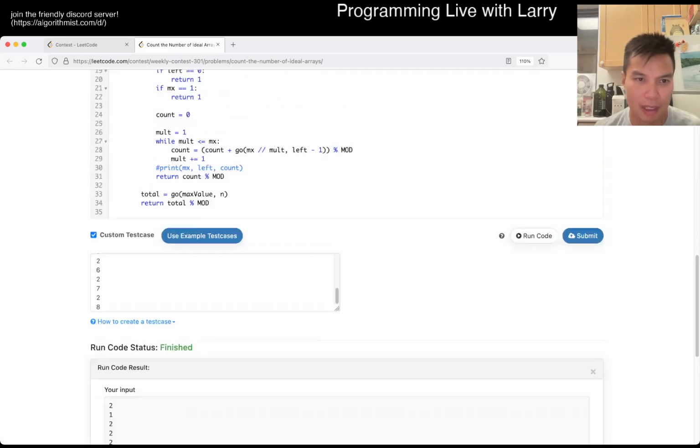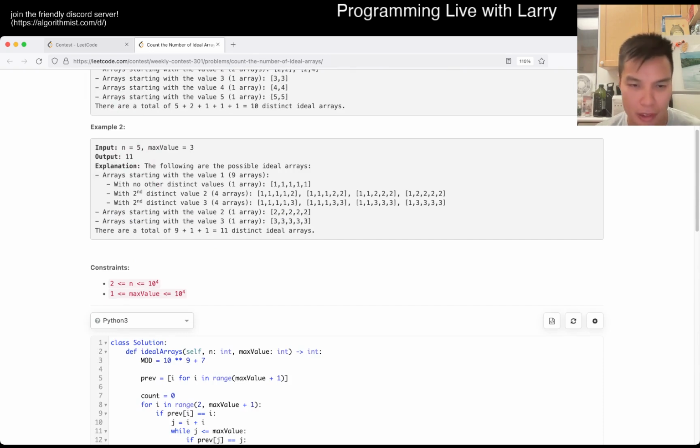I'm not wrong, right? 10 to the 4th squared is 10 to the 8th, so definitely that's too slow. That'd be funny if all this time I was just being silly. But yeah, I guess I don't know this one.